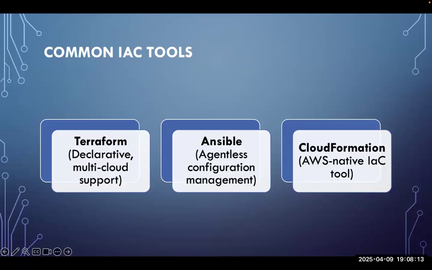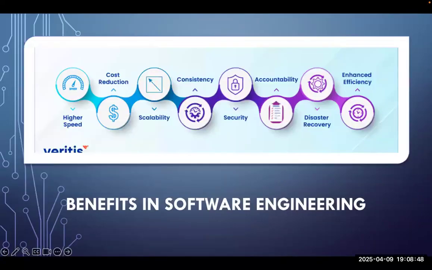Meanwhile, AWS CloudFormation is Amazon's native IaC tool, designed specifically for managing AWS resources. It enables teams to define infrastructure in JSON or YAML templates and provides tight integration with AWS services. While CloudFormation is powerful for AWS native environments, it lacks the cross-platform flexibility of Terraform. By choosing the right tool based on their needs, organizations can optimize their infrastructure automation and ensure efficient deployments.